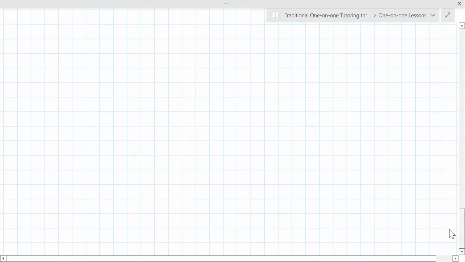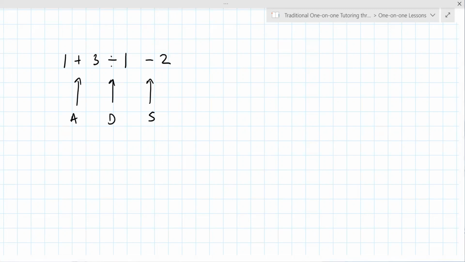Okay, let's try another one here. So this problem has addition, division, and subtraction. Which do you do first? Do that division.